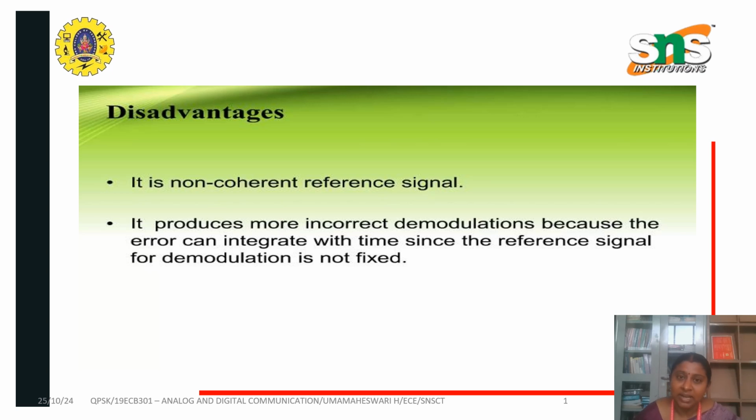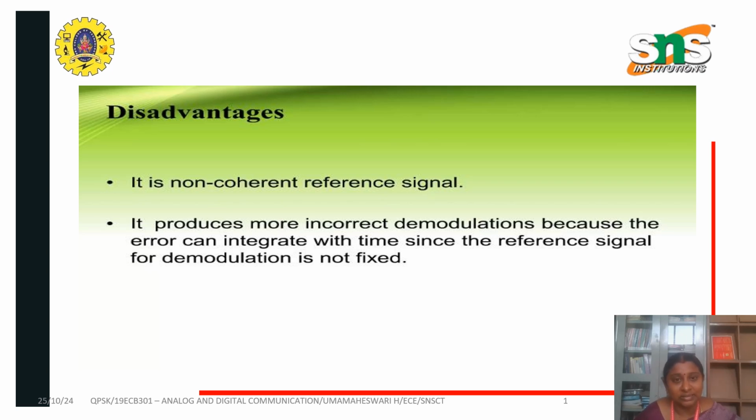fixed. In quadrature phase shift keying we have the constellation diagram as seen in the first three slides, and we have also seen the QPSK modulator and demodulator, where the bandwidth efficiency is calculated, along with the transmission rate, baud rate and bit rate.